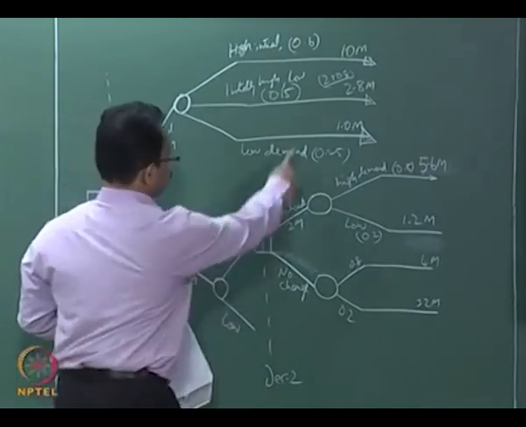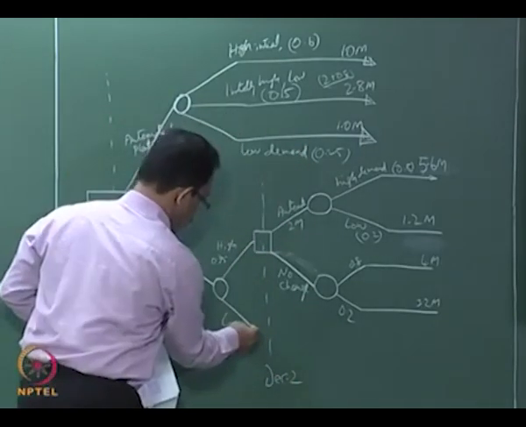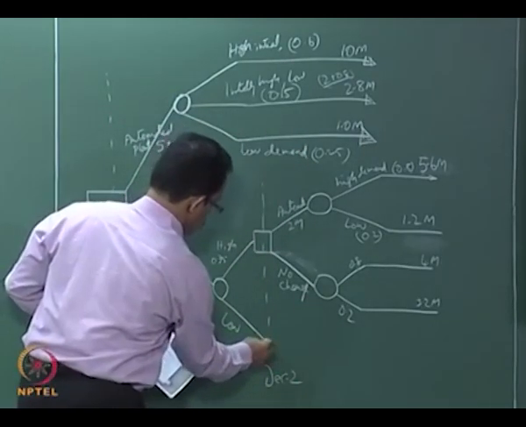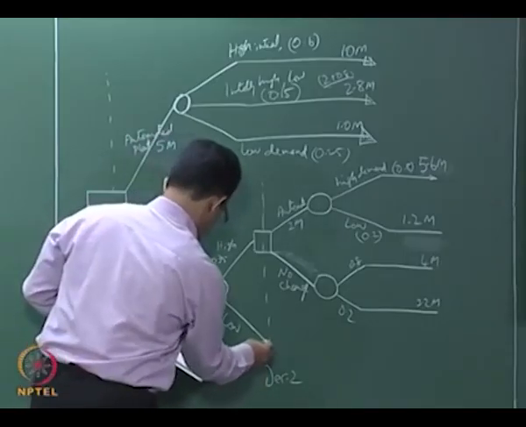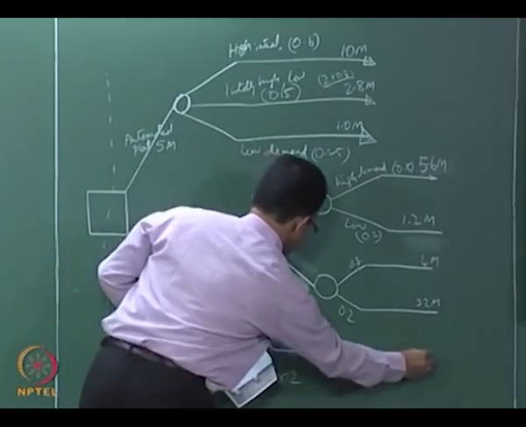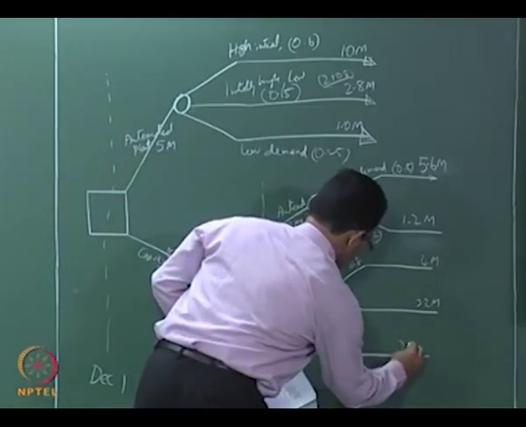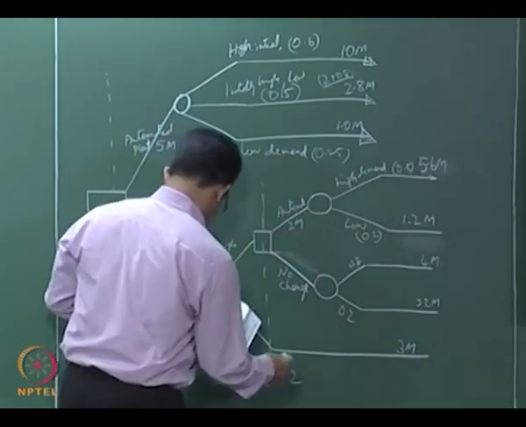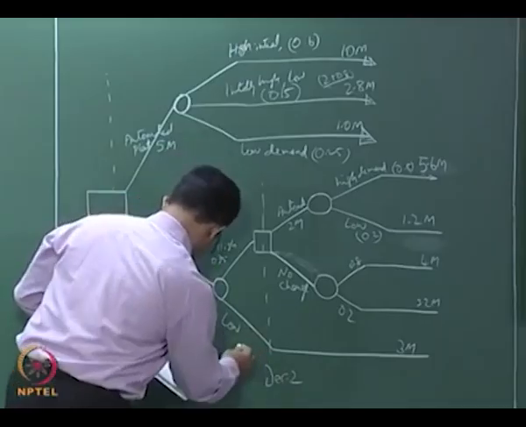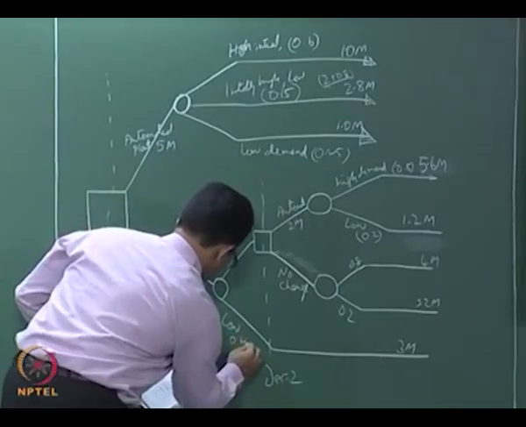Okay. So that is about this decision, and here again you will be having the same situation, this will be going as this output. So here you will be having a 3 million revenue, and this is a low initial demand, so the probability is 0.25.